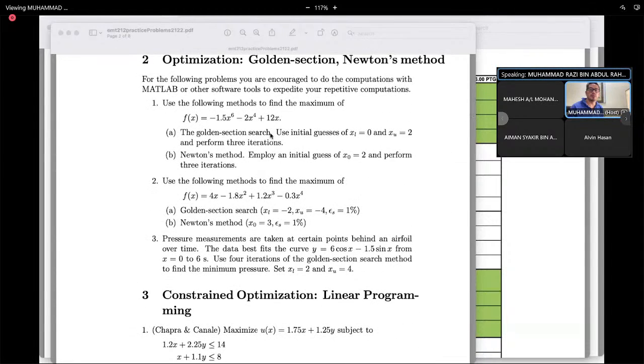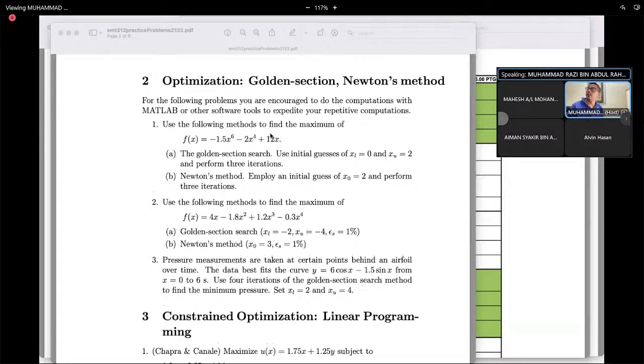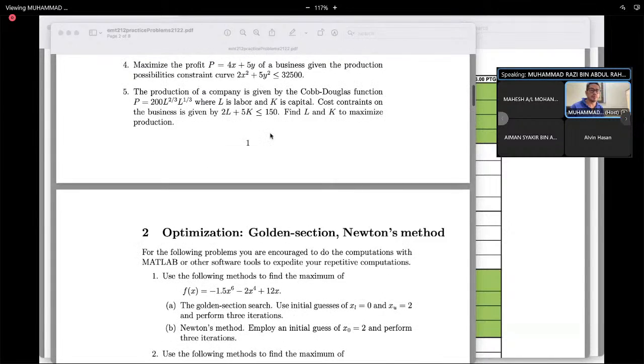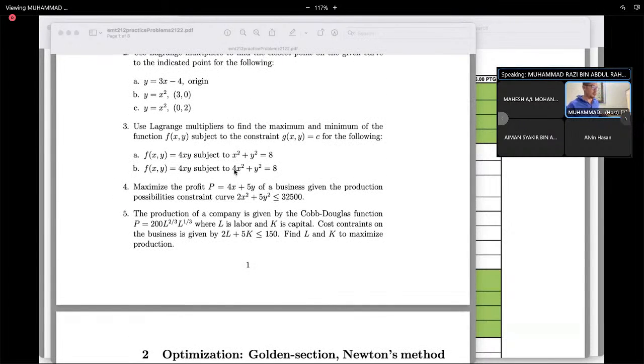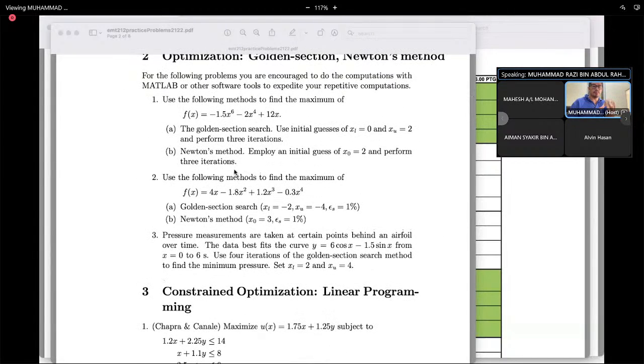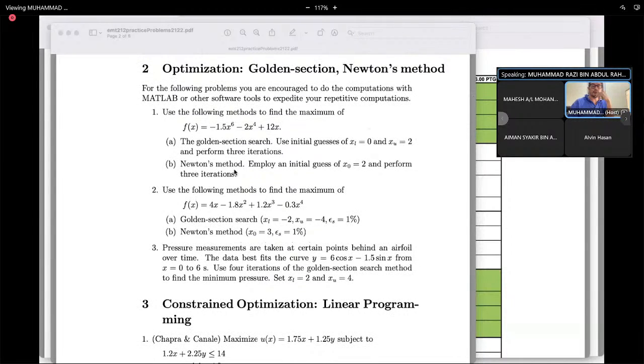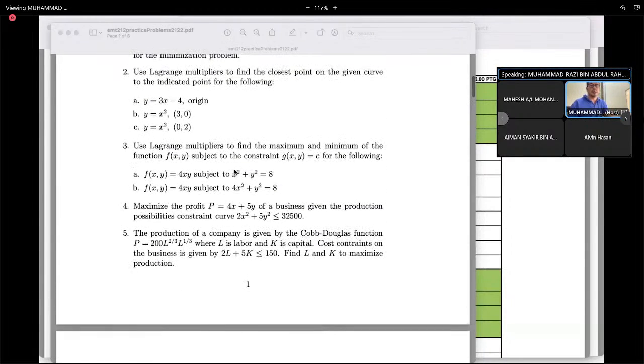And for section 2, there are 3 problems. We'll start with 3B first, because this question 2A will take more time. I don't think I can finish if I want to do every step, even for only these 2 problems. So we'll see. We start with 3B first.